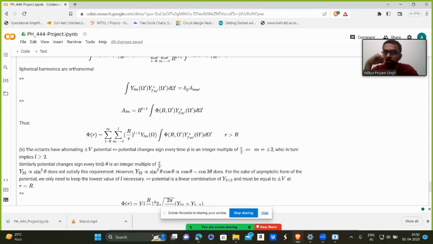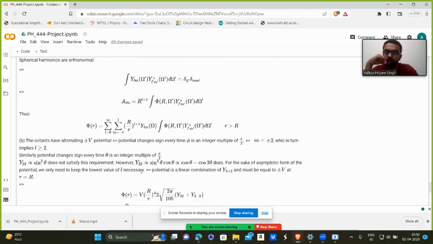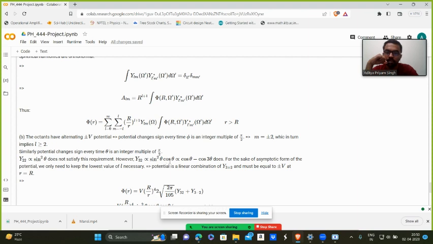So it does not satisfy this requirement. So then we'll go one step ahead and try with L equal to 3. So Y_3,2 is sine squared theta cos theta, which is cos theta minus cos 3 theta. So it does satisfy this sign change condition, and it changes its sign every time theta becomes a multiple of pi by 2.